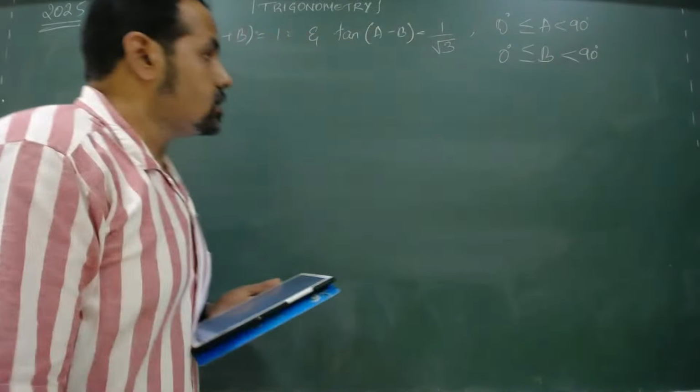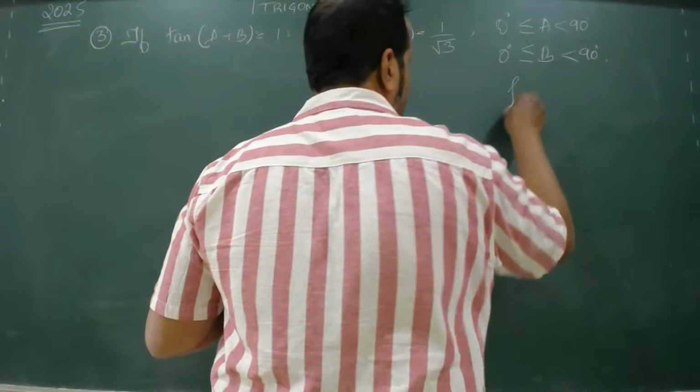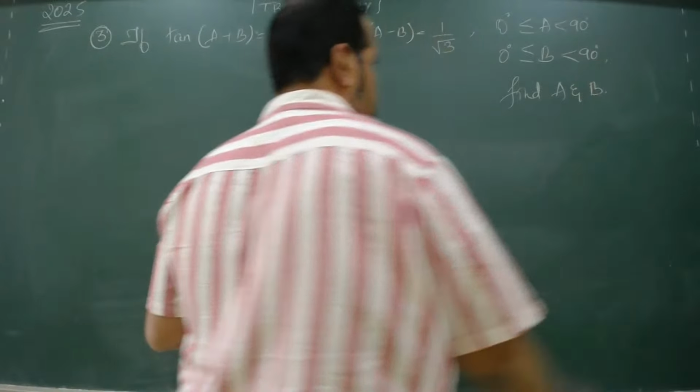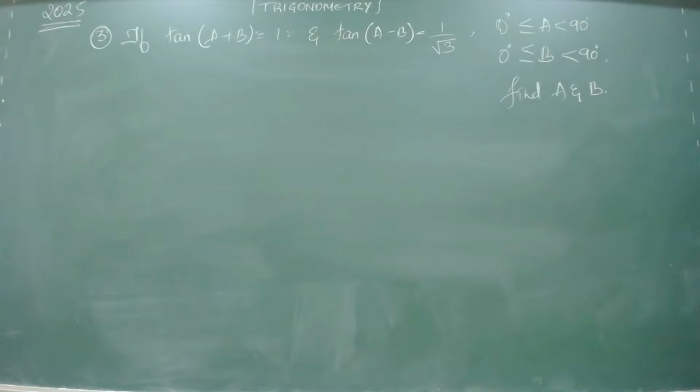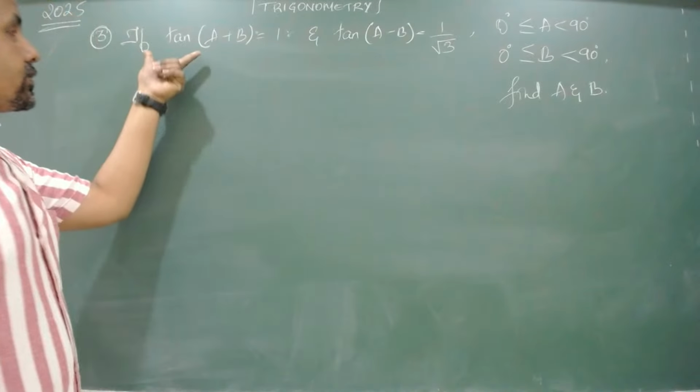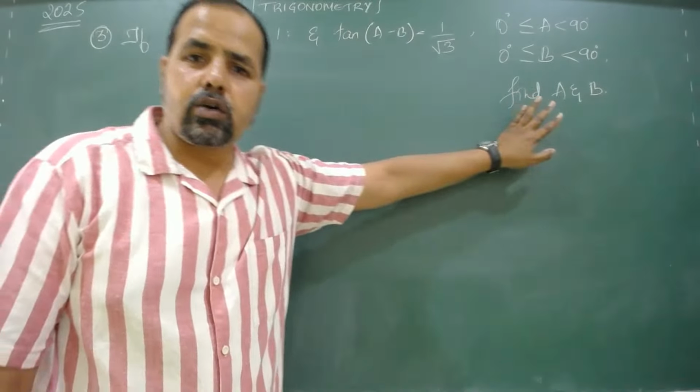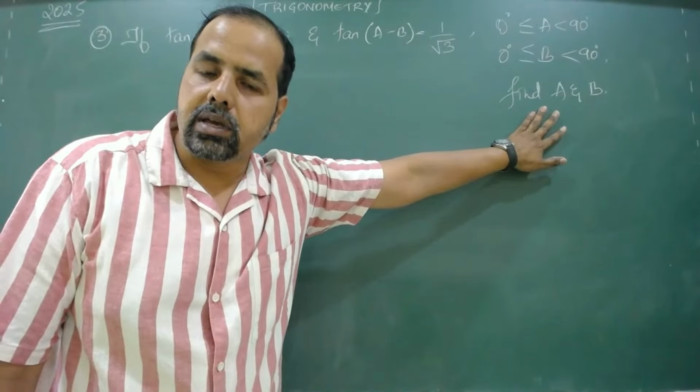This is the condition. Now, you have to find A and B. What is the measure of angle A and B? If tan of A plus B is equal to 1, and tan of A minus B is equal to 1 by root 3, you are going to find the values of A and B.